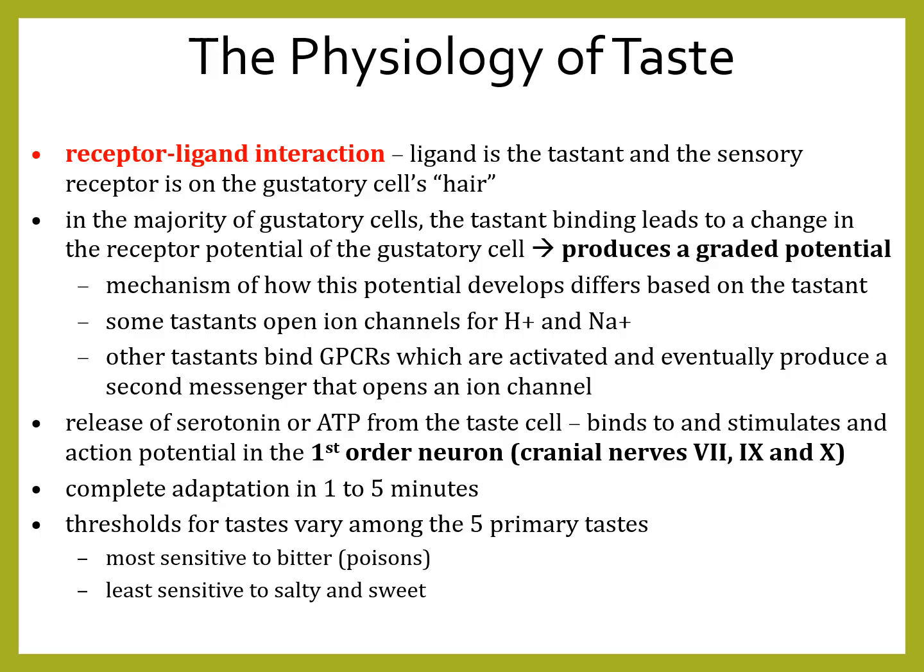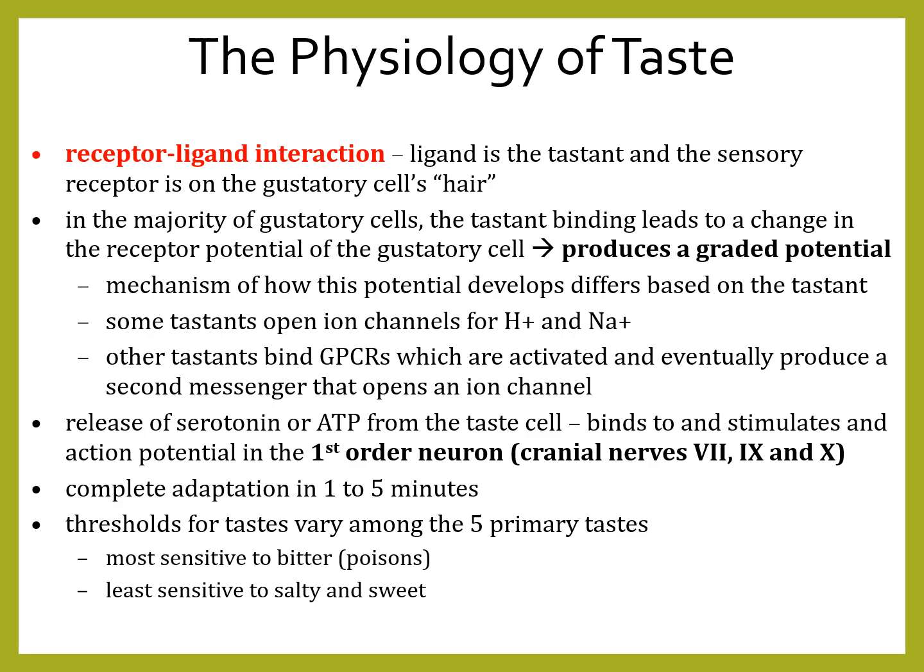For the type 2s, this is a really different mechanism. The tastants are going to bind a G protein coupled receptor, turning it on, and you're going to get a series of events within the cell that is eventually going to produce a second messenger inside those type 2 taste bud cells, and that second messenger is going to open up an ion channel. Then you're going to get depolarization.